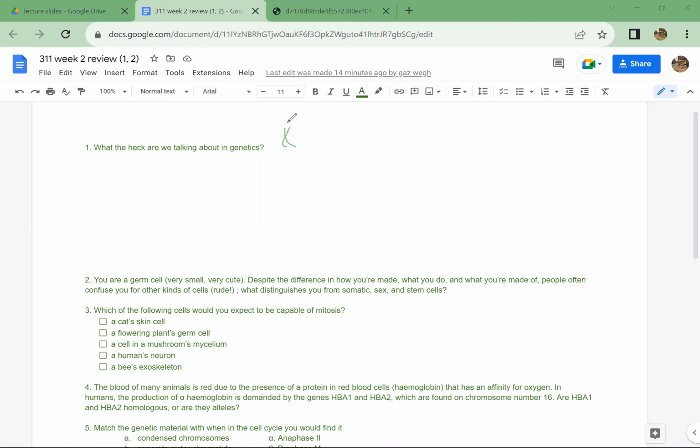And so this is our chromosome, and these chromosomes are each made up of individual chromatids. But at different points in the life cycles of our cells, the number of chromosomes that we have and the number of chromatids that they're made up of are different.